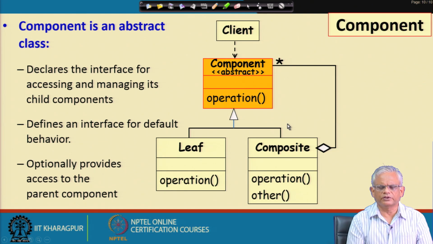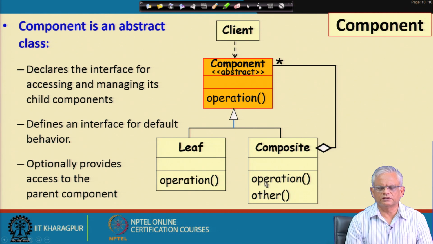Here please remember that the component is an abstract class. It declares the interface which will be usable by the client. It defines some behavior that is common to the leaf and composite, and the composite may define more methods.